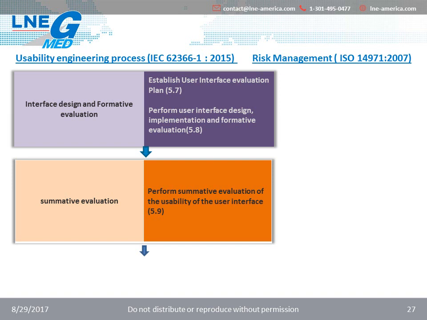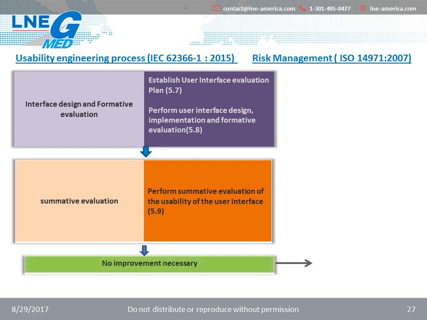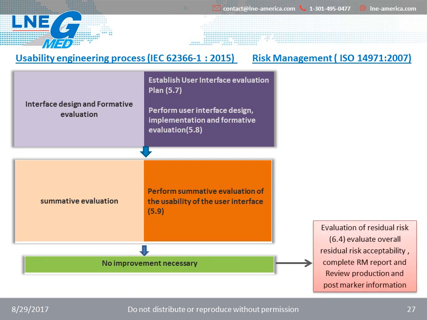After summative evaluation, if use errors, hazardous situations, or hazard-related use scenarios are discovered, the manufacturer shall determine if further improvement of the user interface design is necessary. If yes, the usability engineering process is repeated. Otherwise, the manufacturer shall evaluate the residual risk based on the risk management process.